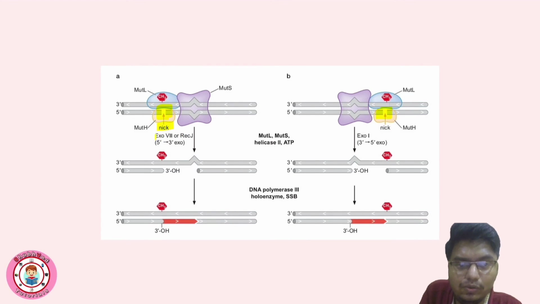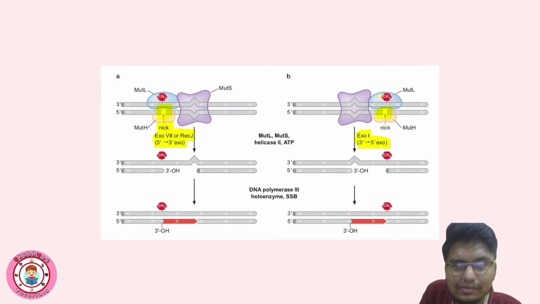Then exonuclease 7 or RecJ comes, which will digest the DNA in the 5 prime to 3 prime direction. And in case of a 3 prime cut, exonuclease 1 will come, which will digest the strand in the 3 prime to 5 prime direction.